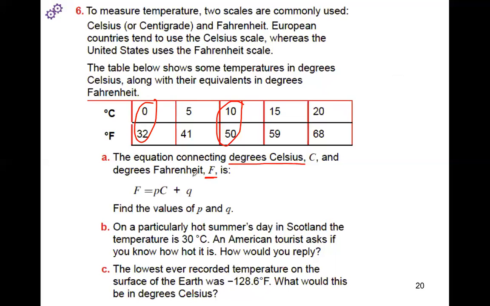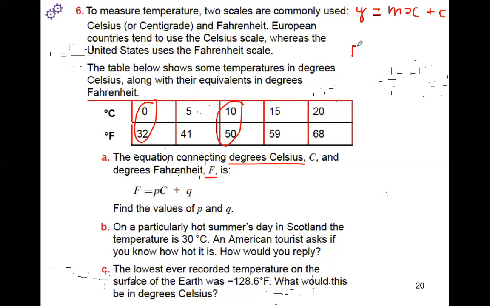If you pick those 2 points, you can say, okay, my gradient that I used to call y equal mx plus c, if you look at now what we have, they've replaced m with p.